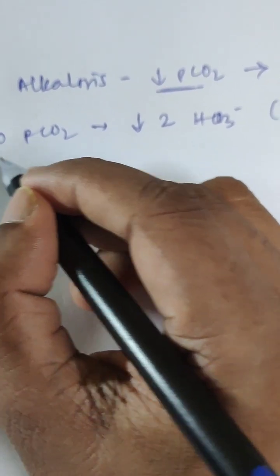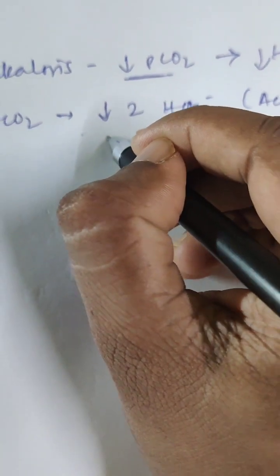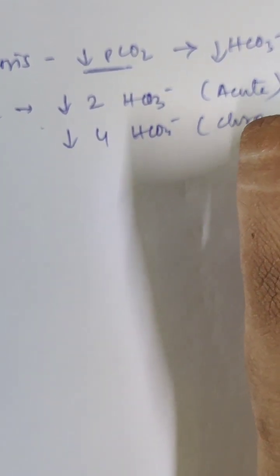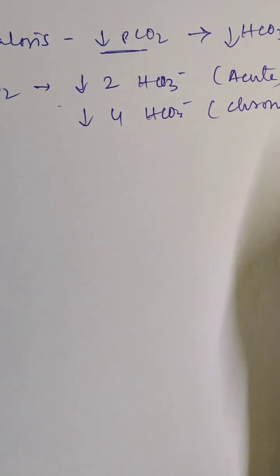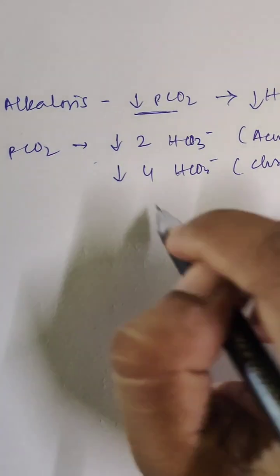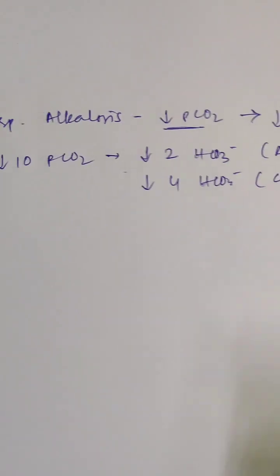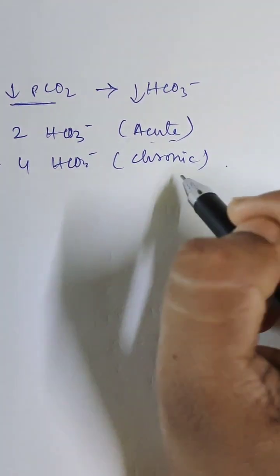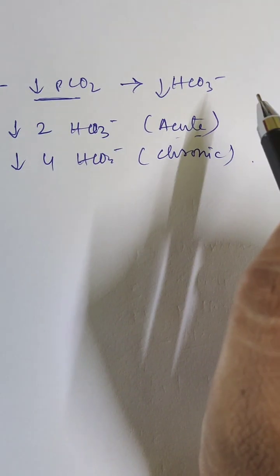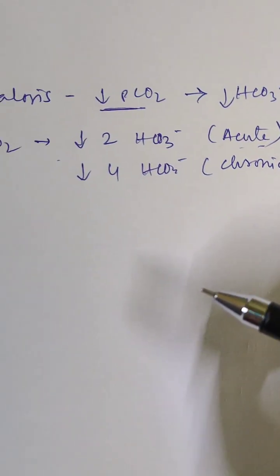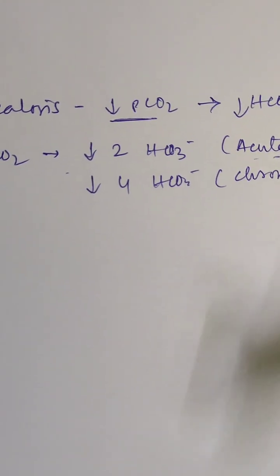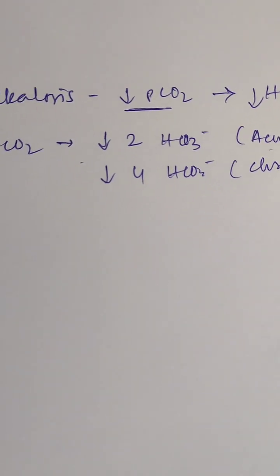And if for every decrease of 10 units of PCO2, the decrease of bicarbonate is 4, then it will be called chronic respiratory alkalosis. So this is the compensation, and you have to calculate it. In respiratory acidosis or alkalosis, the acute or chronic thing will come. In metabolic alkalosis or acidosis, you have to calculate the compensation and tell whether it is non-compensated, partially, or fully compensated.